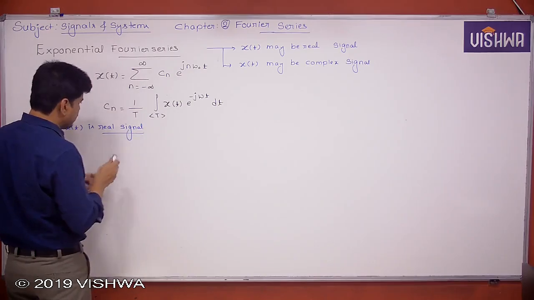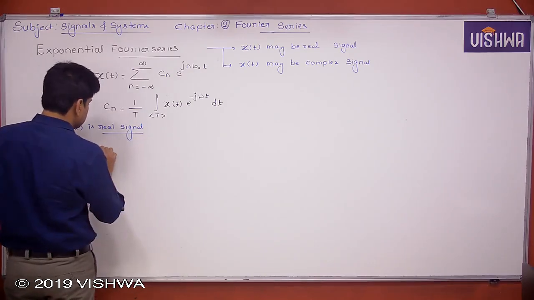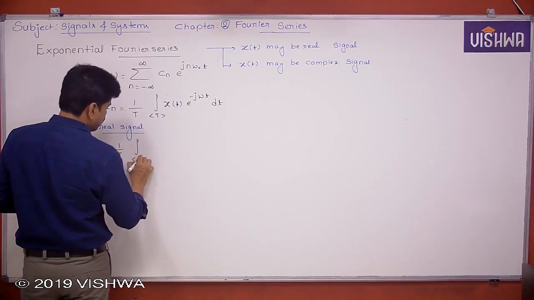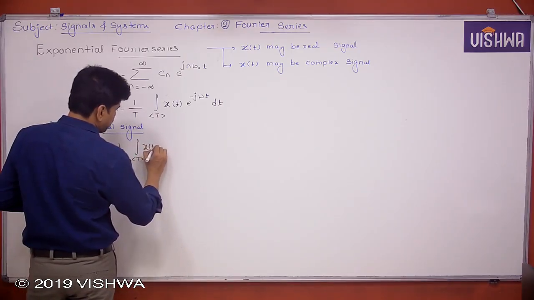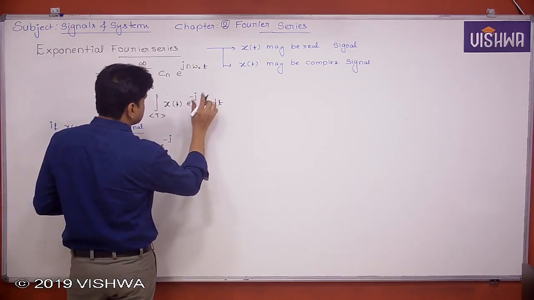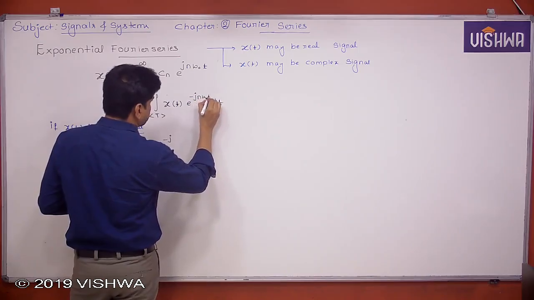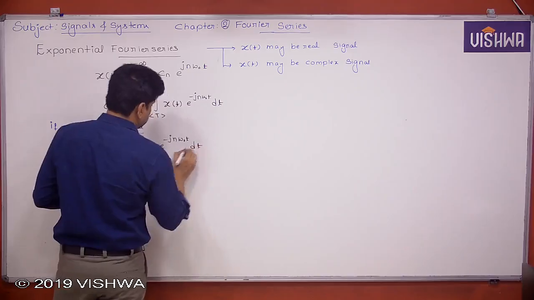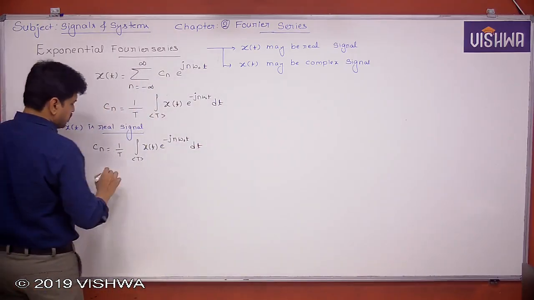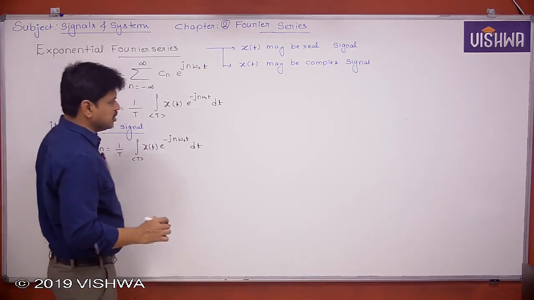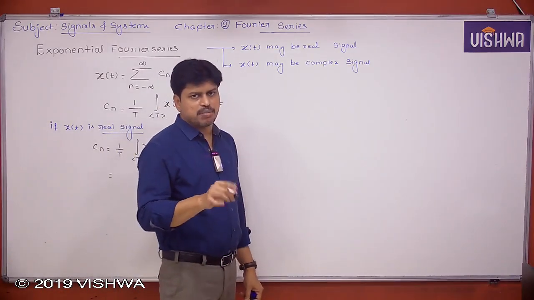So if x of t is real, what is the Cn formula? Actually we have written Cn is equal to 1 by T integration over a period x of t e power minus j n omega naught t dt. Then this can be expanded, because e power minus j theta can be written as cos theta minus j sin theta.